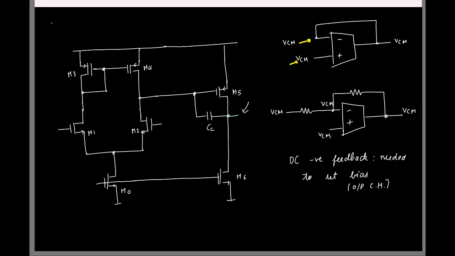Again, and for the same reason only, this you might have seen, right, this circuit. What is the circuit? It's an integrator. So if you have an integrator like this, at DC is there a negative feedback? No, right? Capacitor is open, there is no negative feedback.